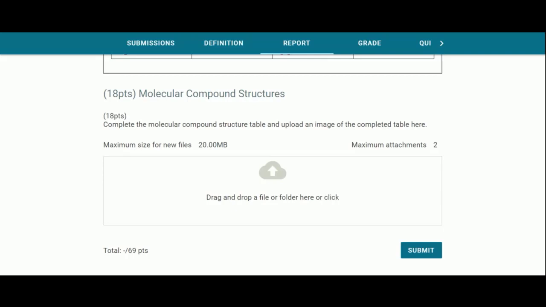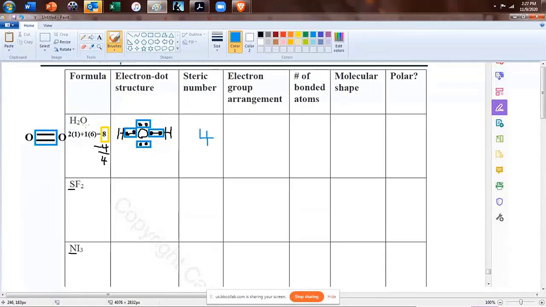And let's see if I can draw on this. Now I'm going to go ahead and draw this out. So the electron dot structure. The first thing you want to do when drawing an electron dot structure is count the total number of valence electrons. Hydrogen only has one valence electron, and there are two of them, so I'd say 2 times 1.